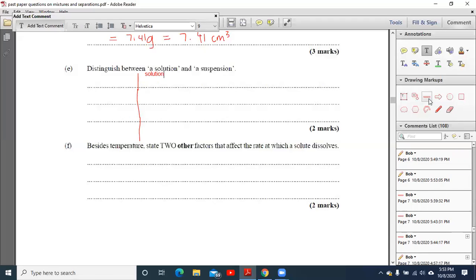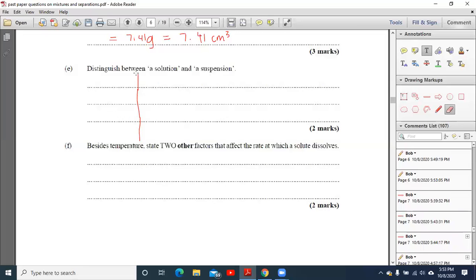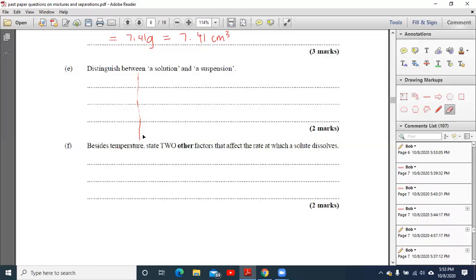Instead of a table, let me erase that. Let's just write it out in point form instead.